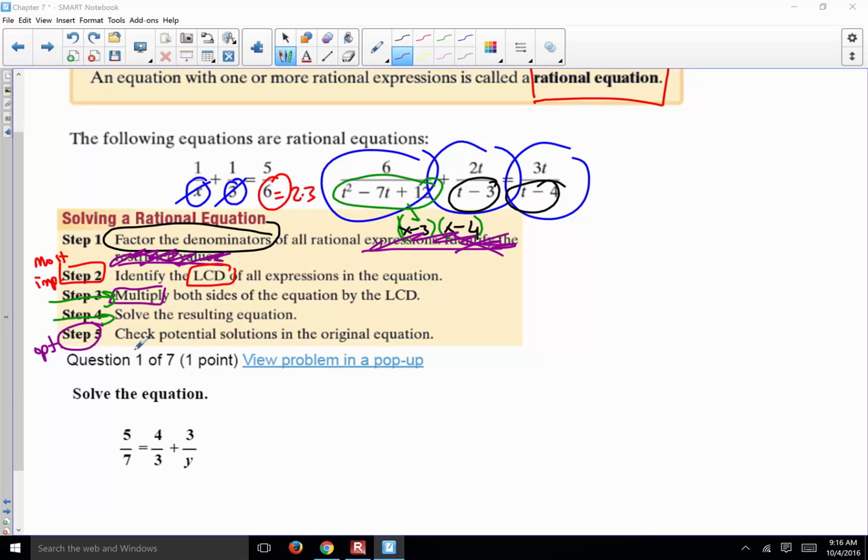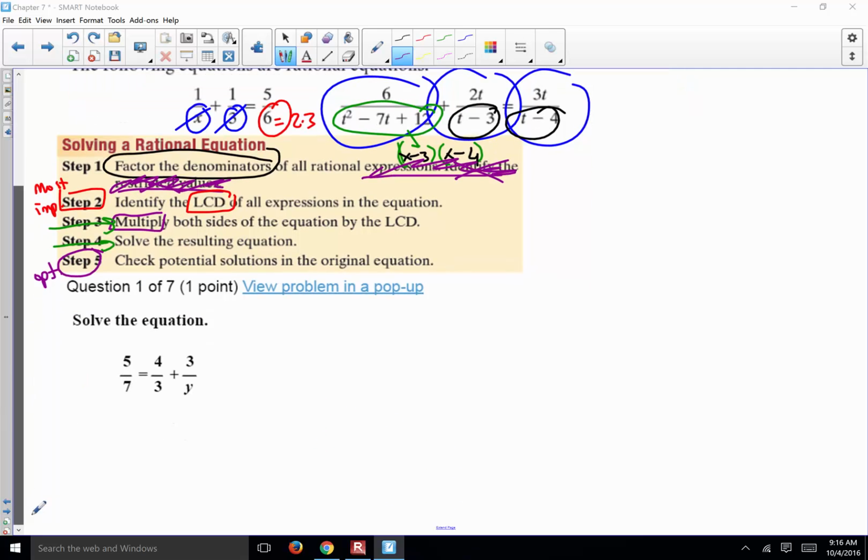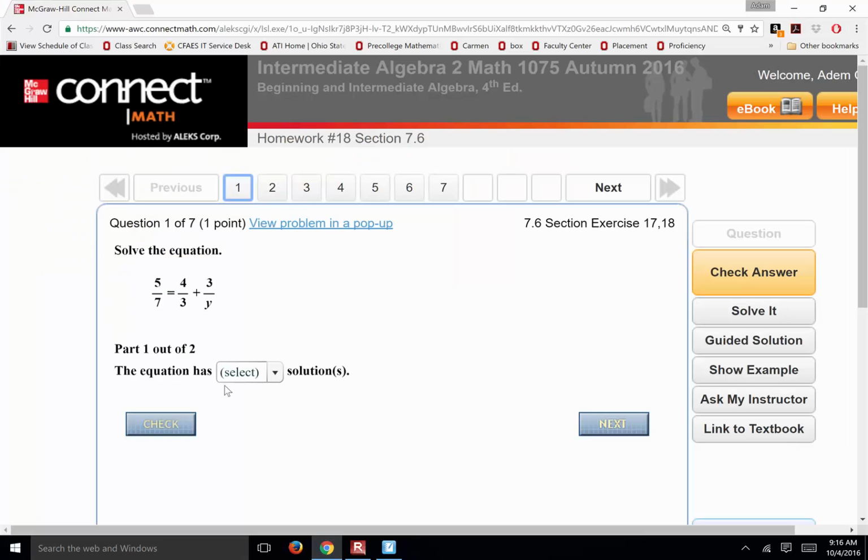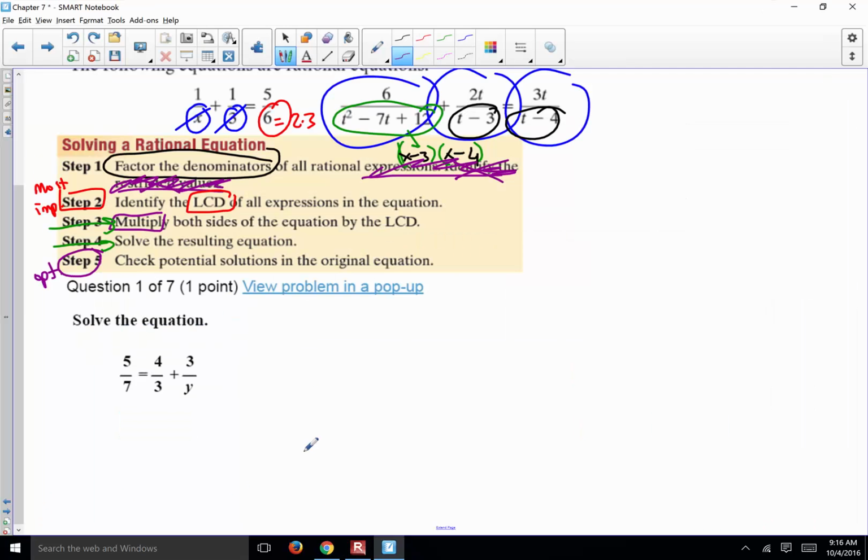You need to do step 5 to get full credit, because you need to make sure your solution is right. Otherwise, you lose credit if your solution is wrong. But for computer tests, you punch in the numbers, and it will tell you right or wrong. But step 5 is necessary for paper tests. Okay, so we're ready to apply these steps in question number 1 in our first homework. Good.